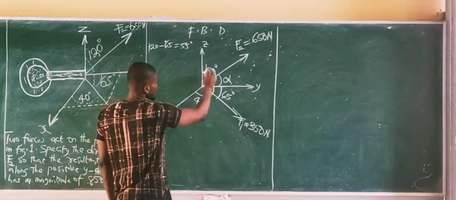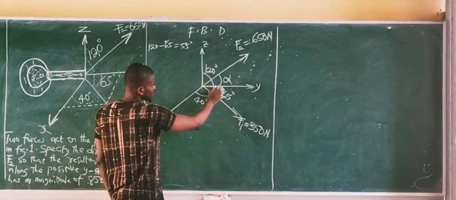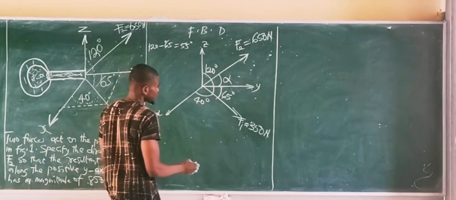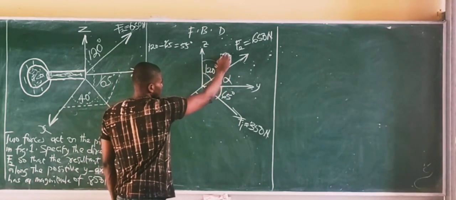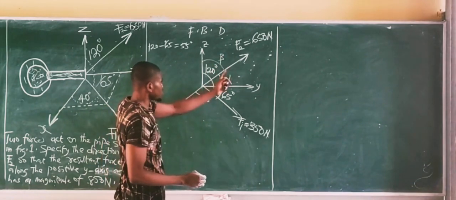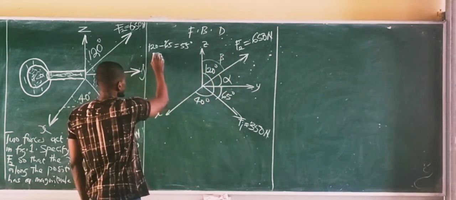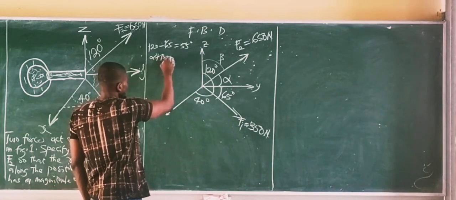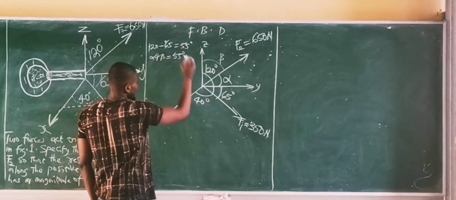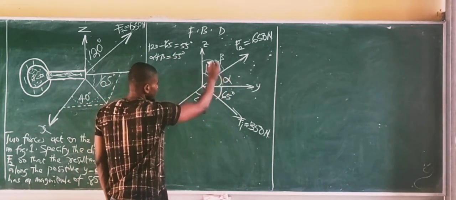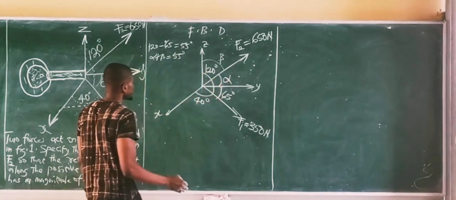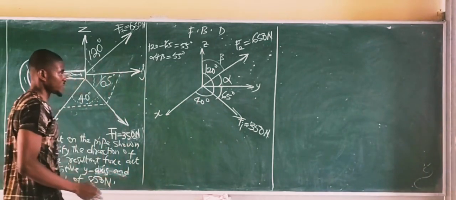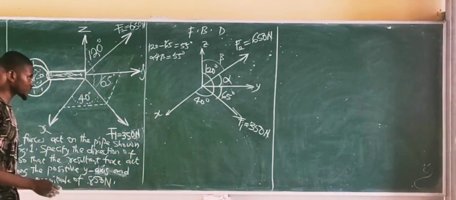So the angle between y and z is 55 degrees. Let's call here alpha, and let's call here theta, the angle which force F2 makes to the vertical. So it means alpha plus theta should be equal to 55 degrees, because from this point to this point between z and y is 55 degrees. That's the first thing we establish.